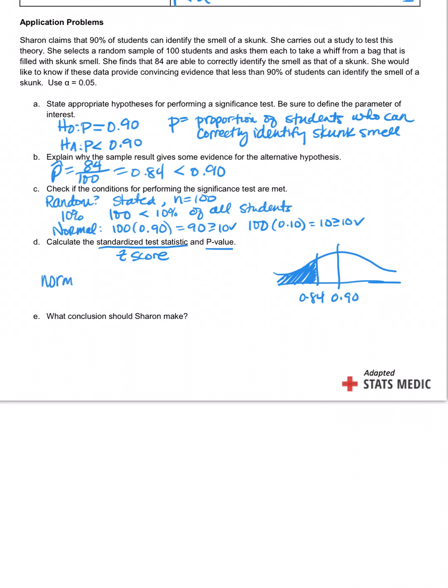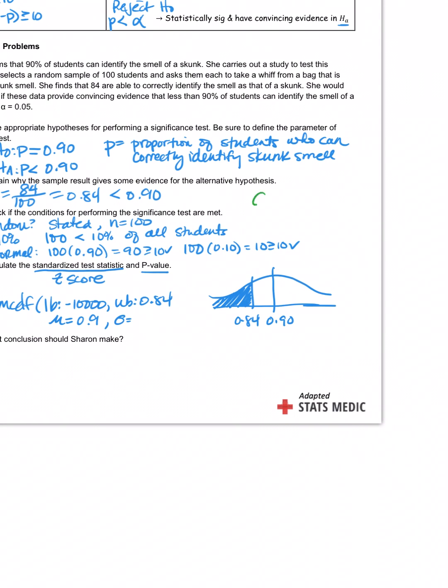So norm CDF. The lower boundary would be negative big number, right? What would my upper boundary be? 0.84. The mean? 0.9. Standard deviation, do we have that yet? We got to find it, don't we? All right, let's sidebar. Let's do that.